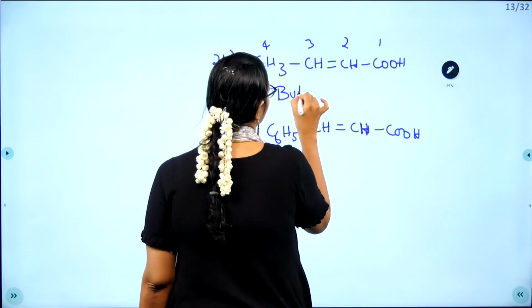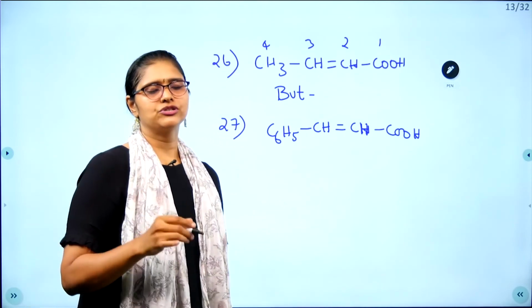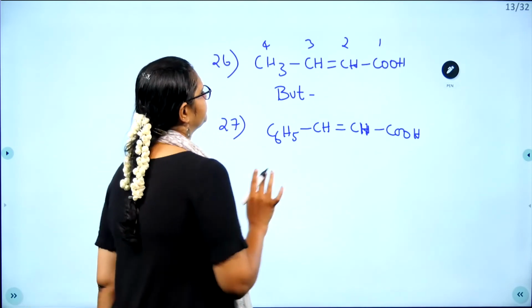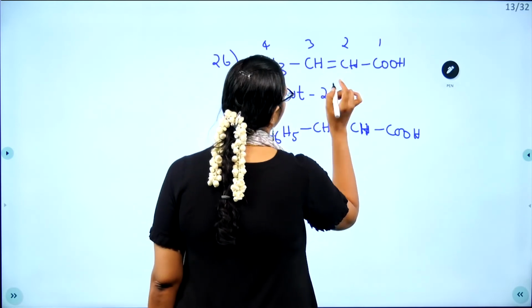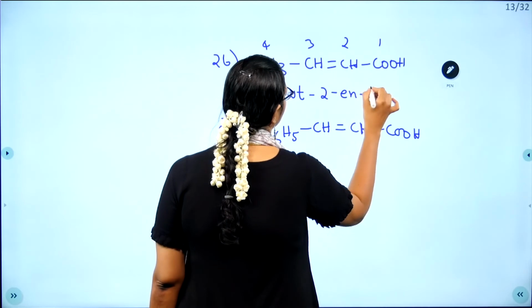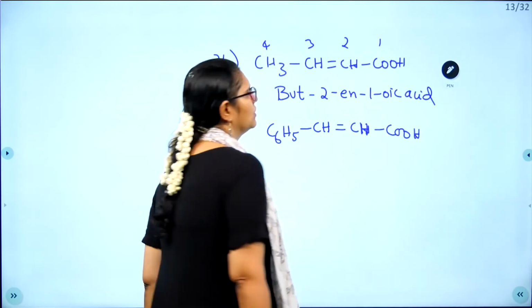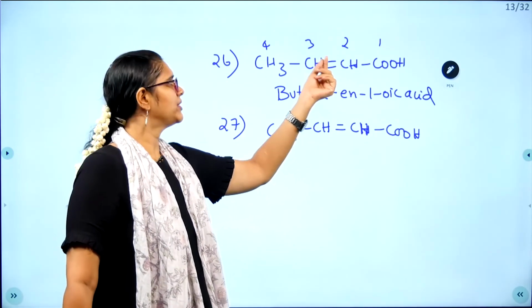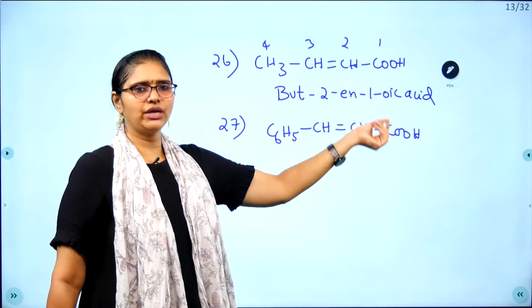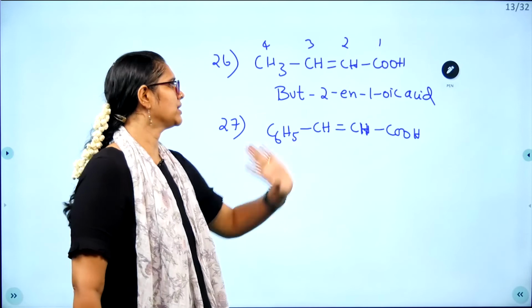But, because you have a double bond. Always if it's a double bond or a triple bond, we should stop with the root word. So but, position 2 and 3: between 2 and 3 you have a double bond. So but-2-en-1-oic acid. Okay, but because 4 carbon atoms and the double bond is between 2 and 3. So but-2-en-1-oic acid.